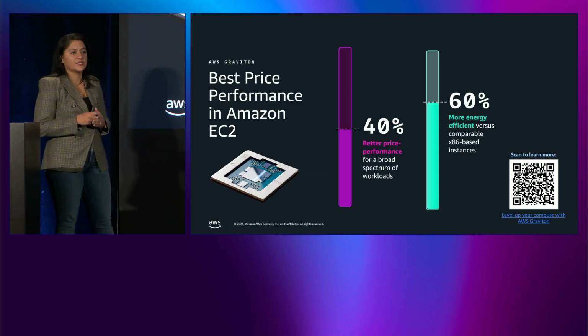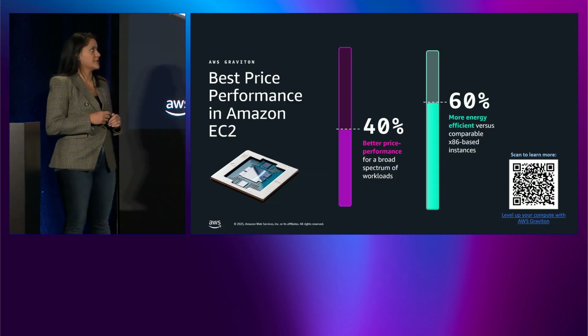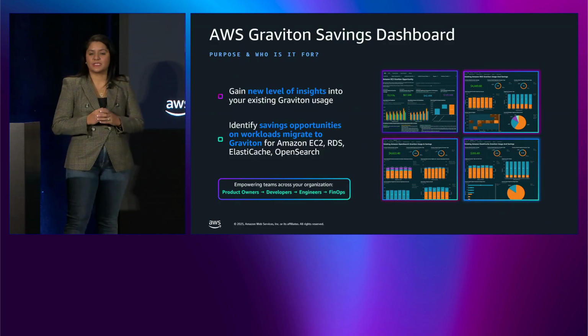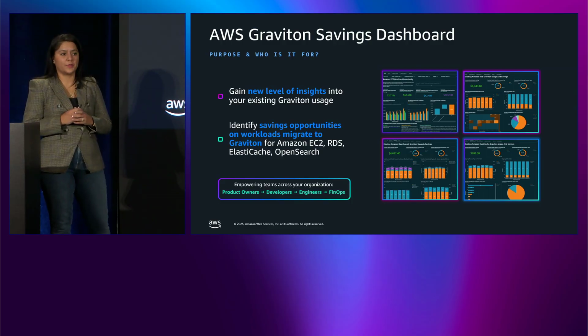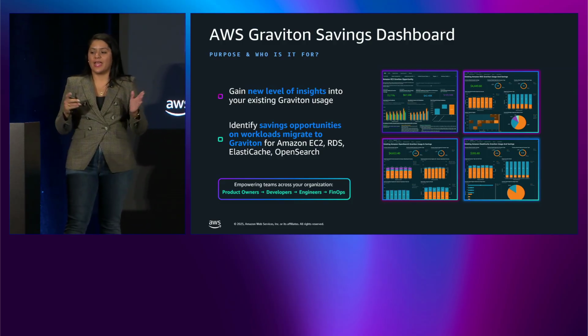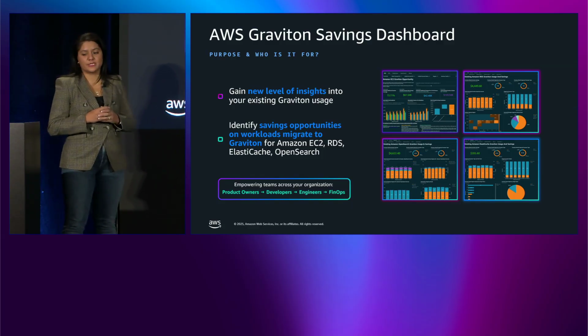Now, to help you capitalize on these advantages, we've developed a powerful visualization tool called the Graviton Savings Dashboard. It acts as your central command center for visualizing your current Graviton usage and your future opportunities. It's located in the Cloud Intelligence Dashboard framework, and it leverages Amazon Quick Suite to provide clear, actionable insights.